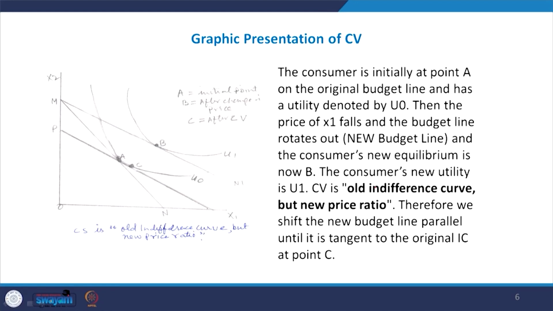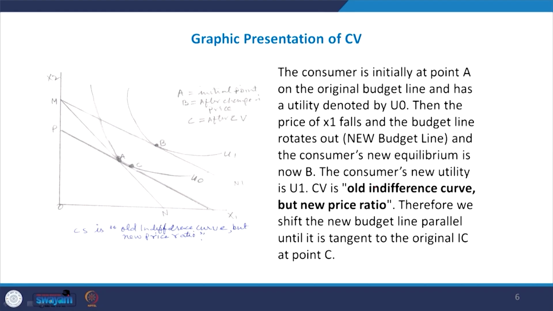Now the new budget line is MN1, which is tangent to the higher level of indifference curve represented by utility U1, and now the consumer is in equilibrium at point B, where the slope of the new budget line is tangent to the second indifference curve, that is U1.